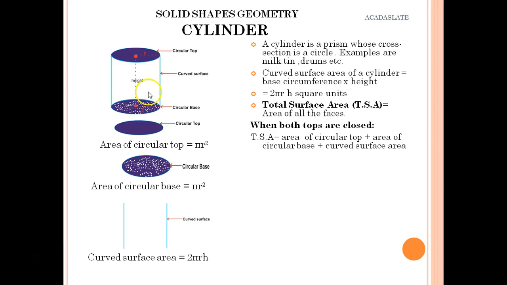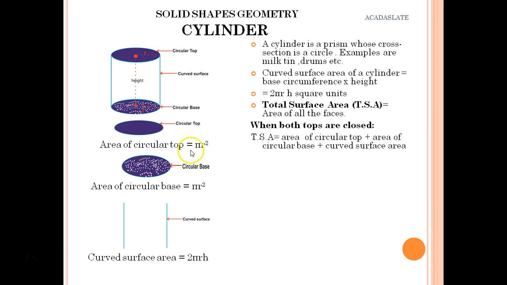To find the total surface area of the cylinder when it is closed, which we usually call a closed cylinder, we can say the area of the circular top plus the area of the circular base, then plus the curved surface area. So what is the area of the circular top?